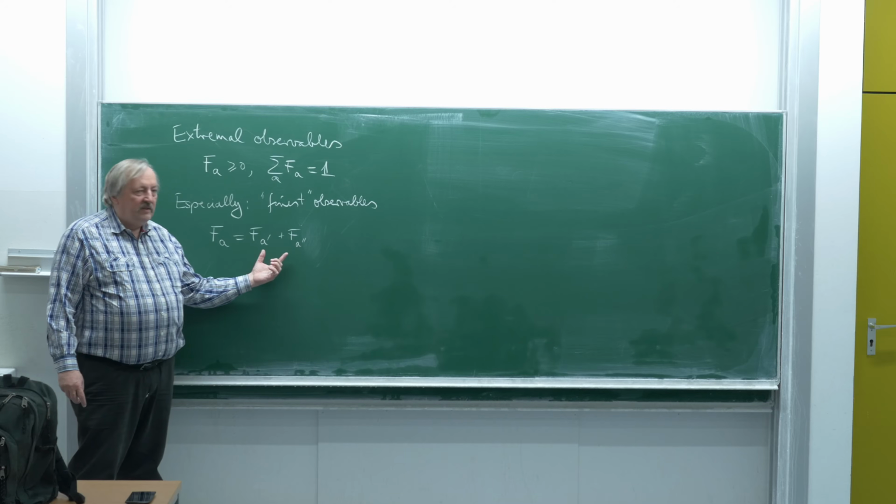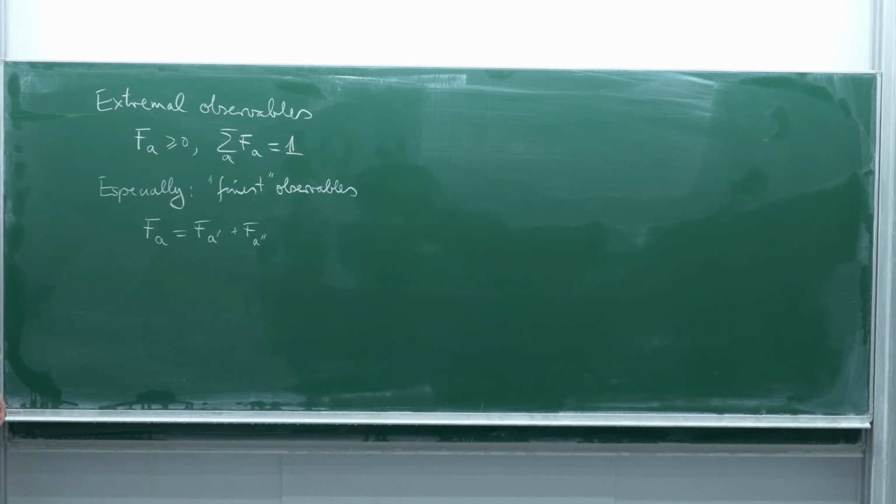There's one case where this doesn't really help. Namely, when F_A prime and F_A double prime are proportional to F_A. What happens in that case is that you get a finer distinction, but the difference is really only flipping a coin, right?